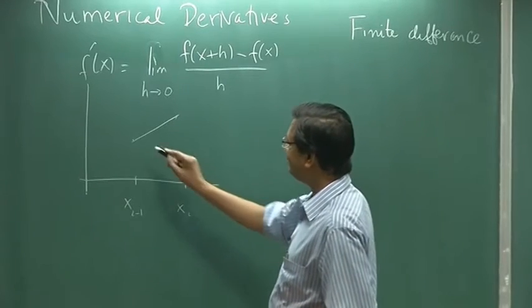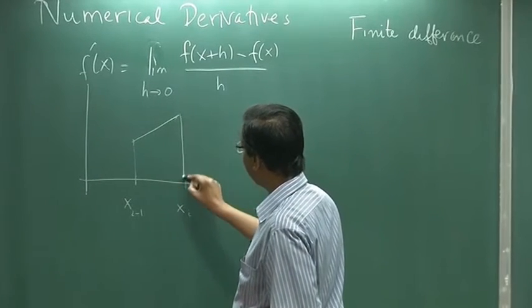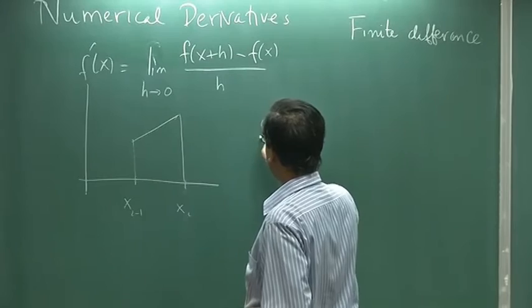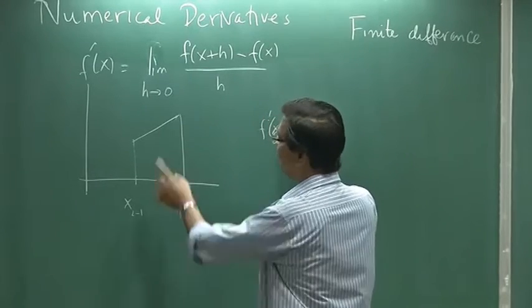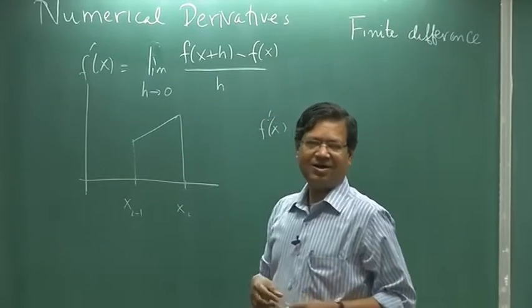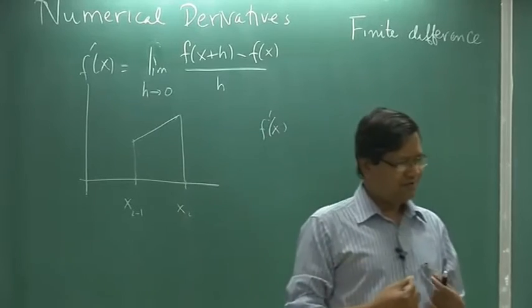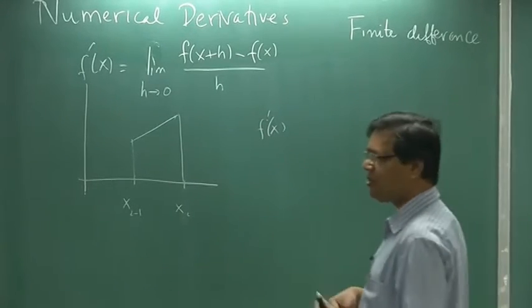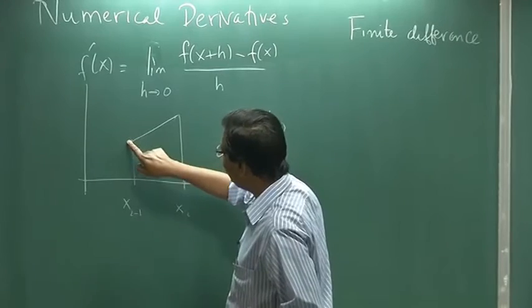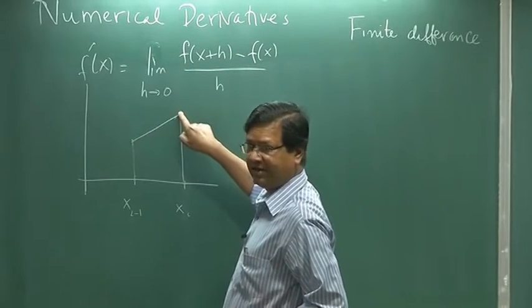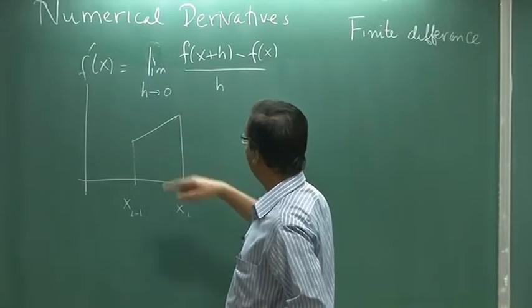Since the slope is constant, f prime is the same at any point, but I am interested in the derivative at the given points.